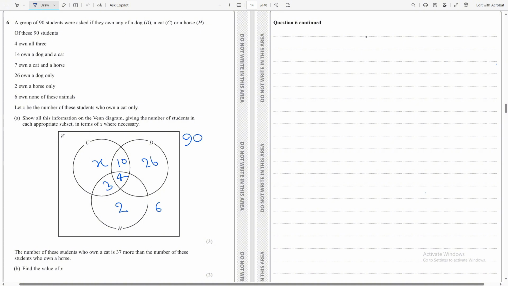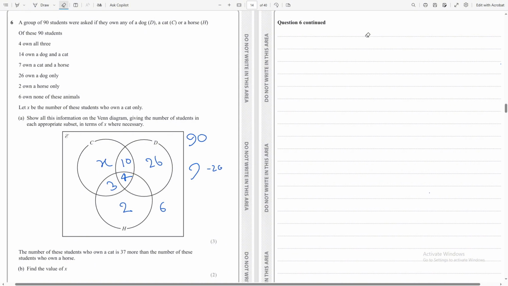So let's subtract it. 90 minus 26 minus 4 minus 10 minus 3 minus 2 minus 6 and lastly minus x.